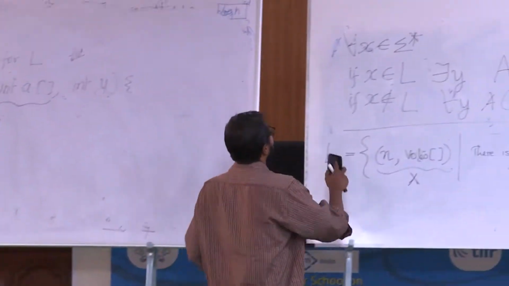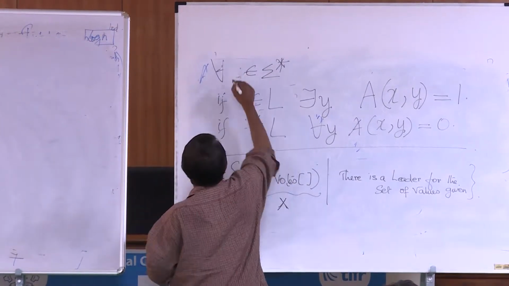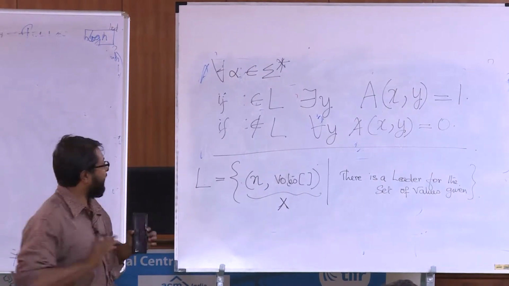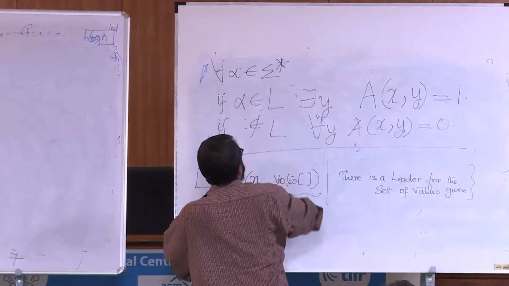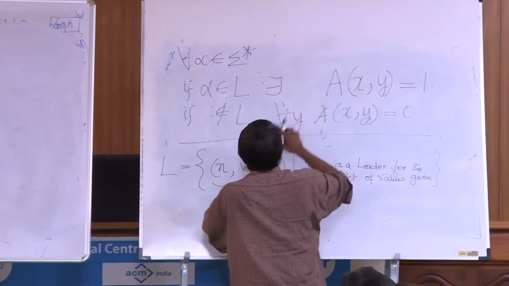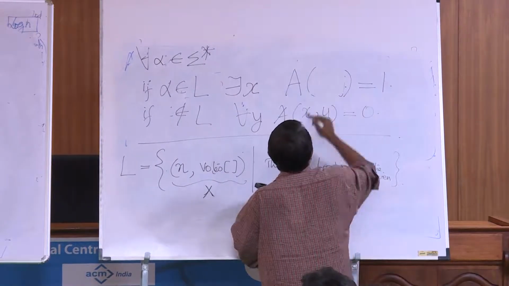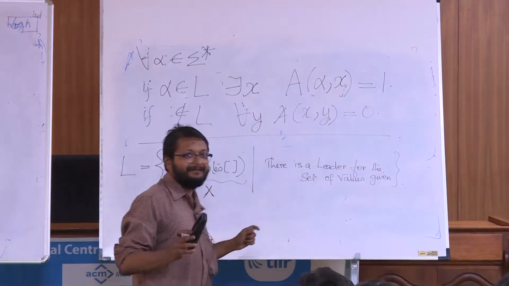Let's call this some alpha. I want to check whether alpha is in L or not, so that I can make x, y, etc. So if alpha is in L, there exists an x such that A(alpha, x) is 1. This is just a change of variables, nothing more than that.